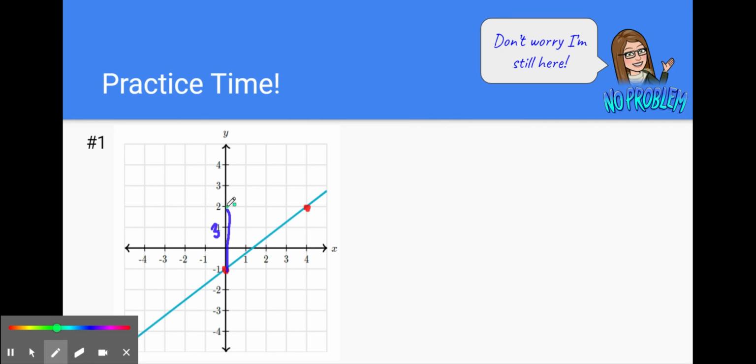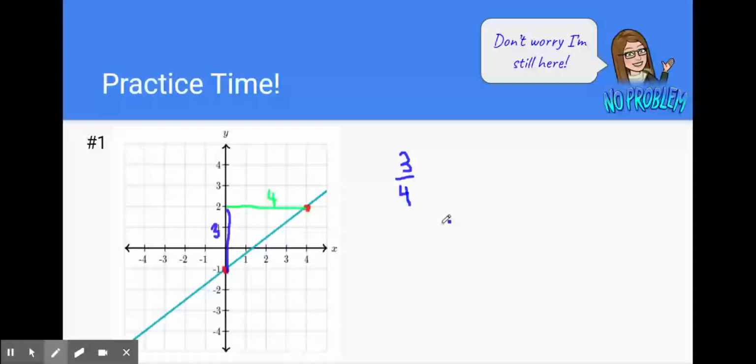And then I have to go forward 1, 2, 3, 4. So my run is 4. So that means my slope is 3 over 4. And again, I could have picked any 2 points on this line and arrived at the same slope.